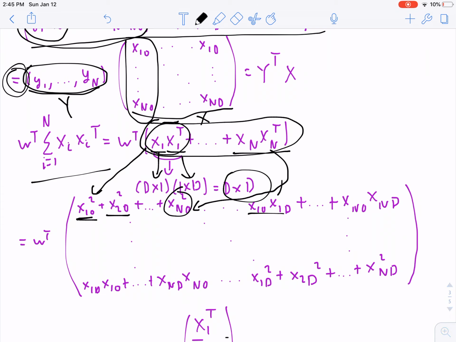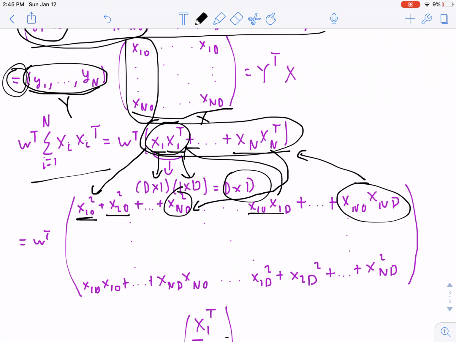So again, this comes from there, and then we'll have it all the way out to xn naught times xnd, and that comes from xn times xnt. And then the bottom left-hand corner is pretty similar, but this time it's the last times the first element. Again, there are n terms in the sum because we're adding together n d by d matrices to get one big one.